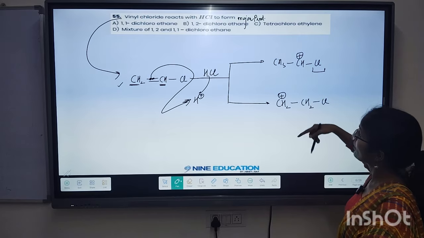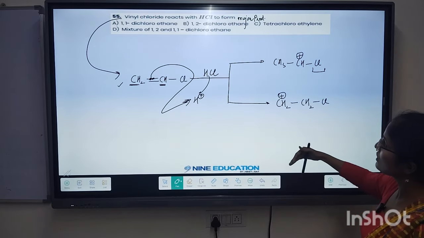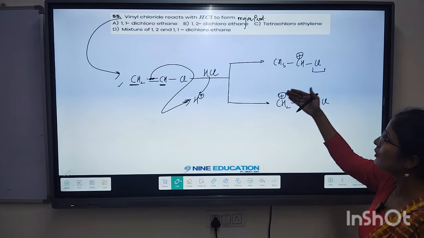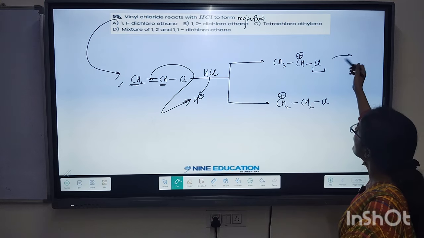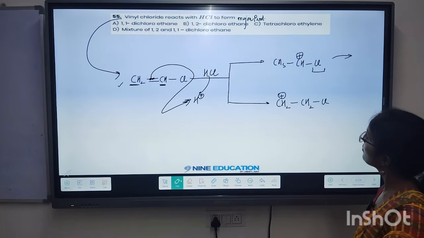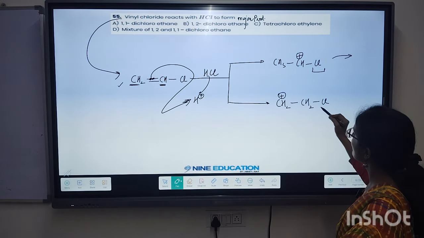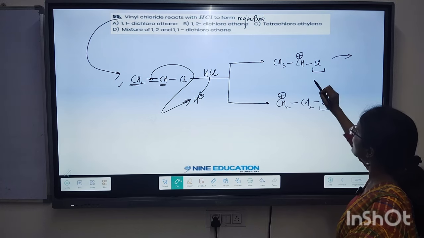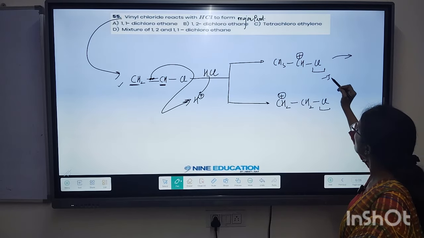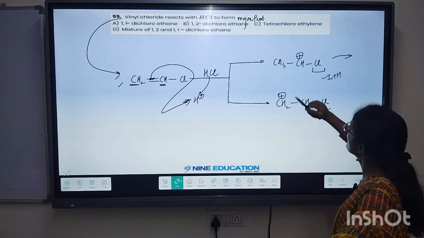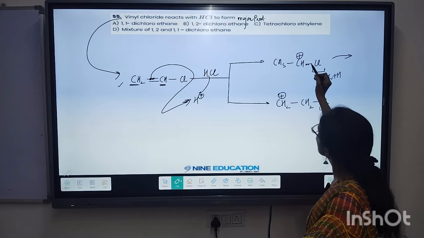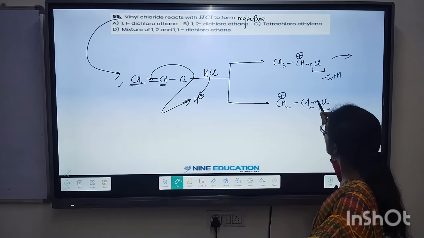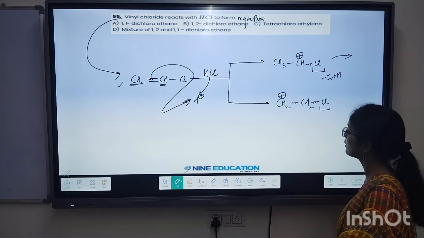Now we need to understand which carbocation will be more stable, because that one will form at the faster rate and lead to the major product. As we have chlorine here, we know chlorine applies minus I and plus M effects. So chlorine will apply some minus I effect, and here also a minus I effect would be there, right.